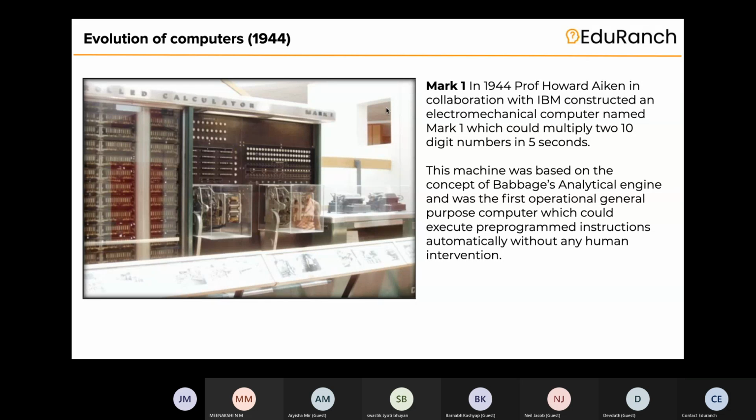If you see all the earlier versions, they were all mechanical. In this version, we converted the mechanical model into an electrical model so that we could do a lot of computations without a lot of human intervention. Okay.